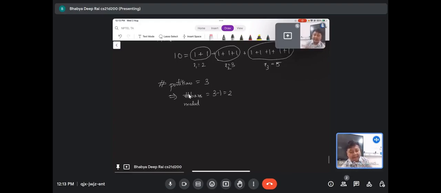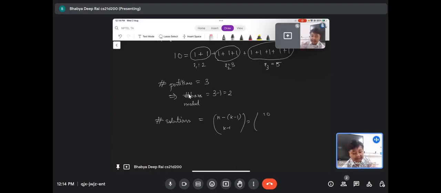And this again becomes a partition problem. Number of solutions equals, what was the formula for the bars method? n plus k minus 1 choose k minus 1. What is n? 10.